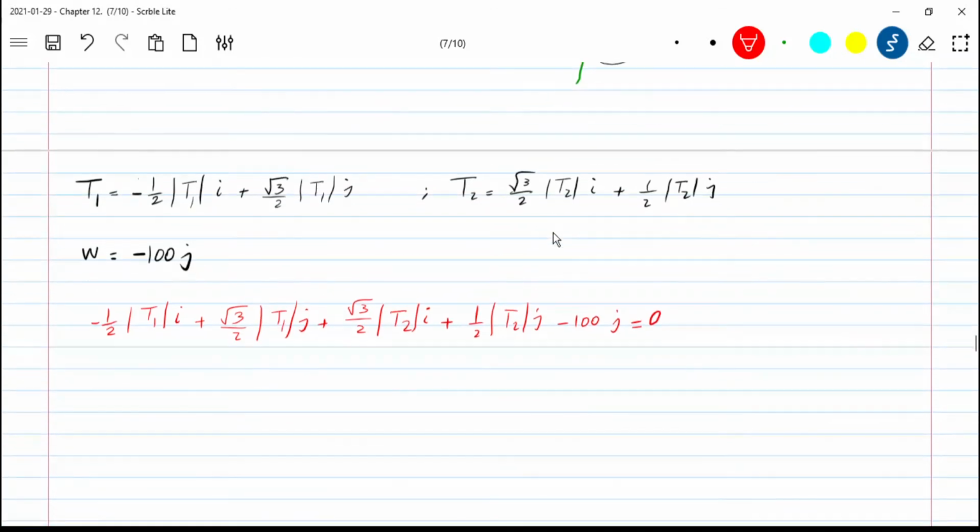So now we can combine the like terms. This term has I as well as this term.